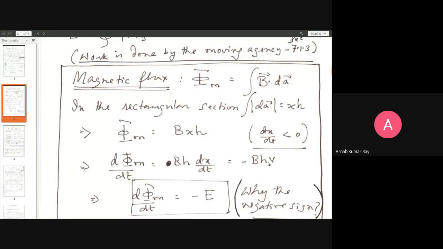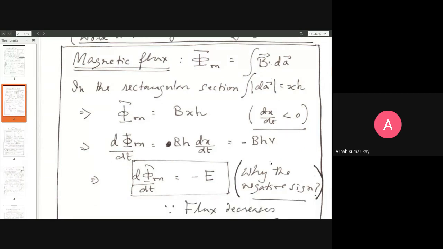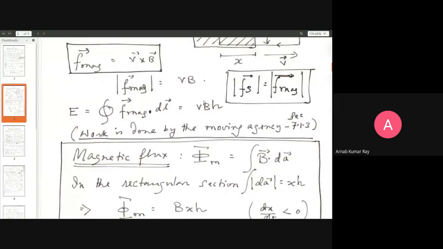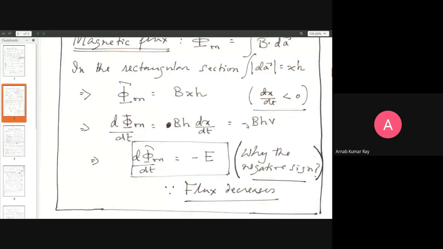So negative B h v. And d phi dt is equal to E, the electromotive force, which is not a force. Once again, I stress, it's the work done. E is equal to VB into H. So d phi dt is equal to minus E.